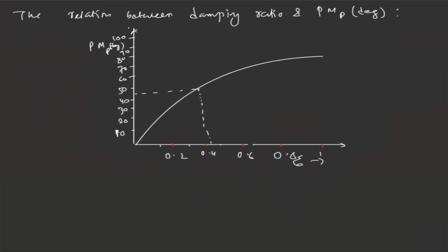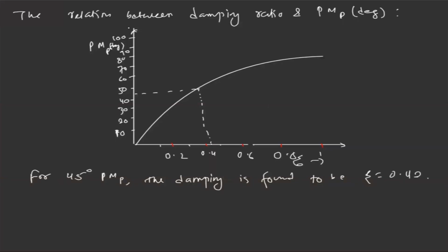So for 45 degree phase margin, the damping ratio is found to be 0.42. We are assuming this value. It may be 0.41 or 0.43, so we are taking this range value 0.42.